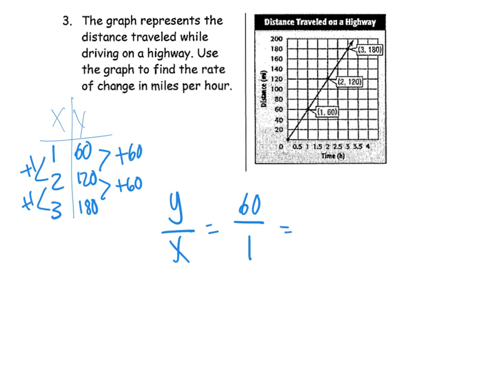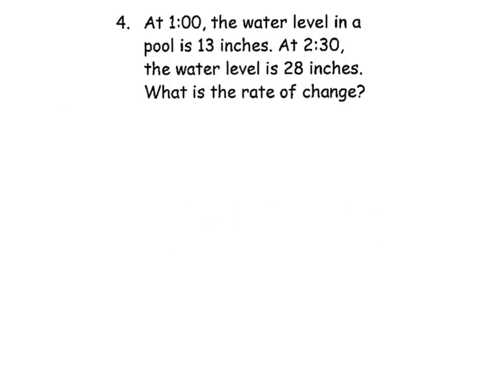And what are we talking about? Miles per hour. So miles on top, hour, time is always on the bottom. Miles per hour. Any questions? Okay, let's move to the next one.